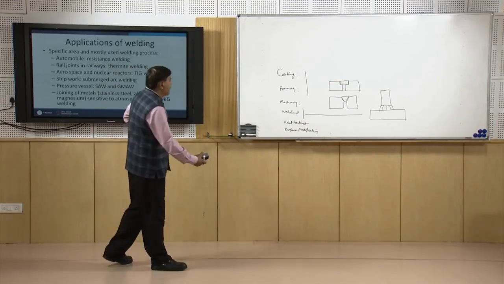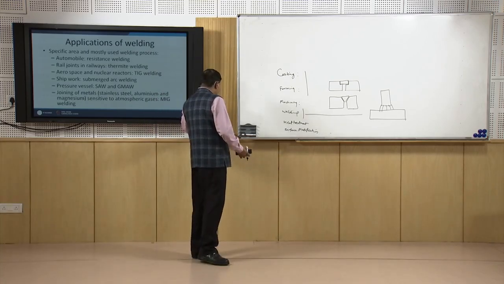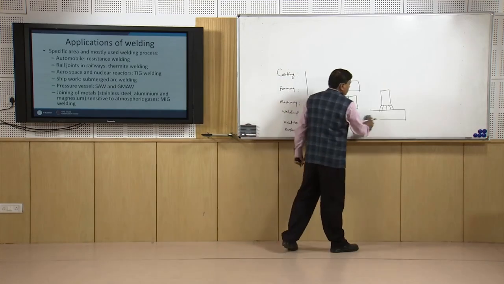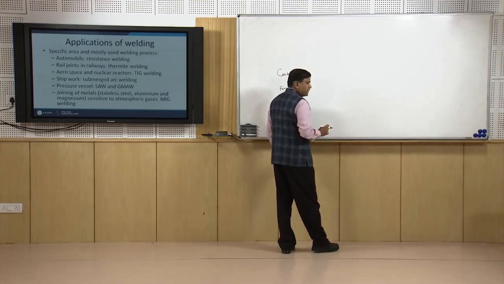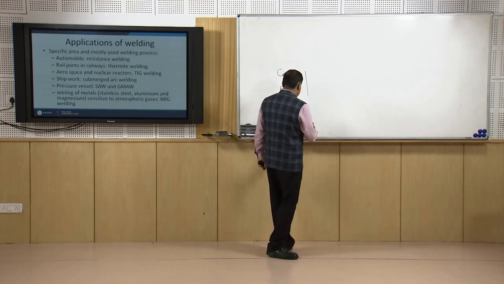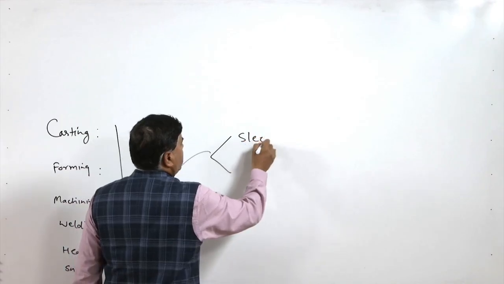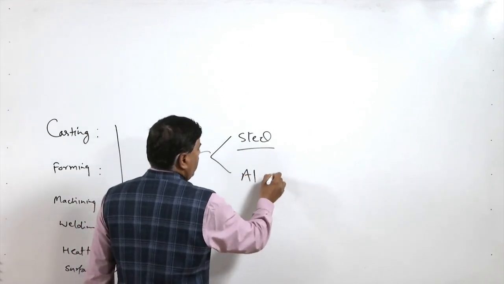Now, coming to the heat treatment process and its applications, there are various heat treatment processes, so we will try to talk about them. Although there are different types of heat treatment processes, we will talk about the heat treatment for ferrous metals like steels and for aluminum alloys.